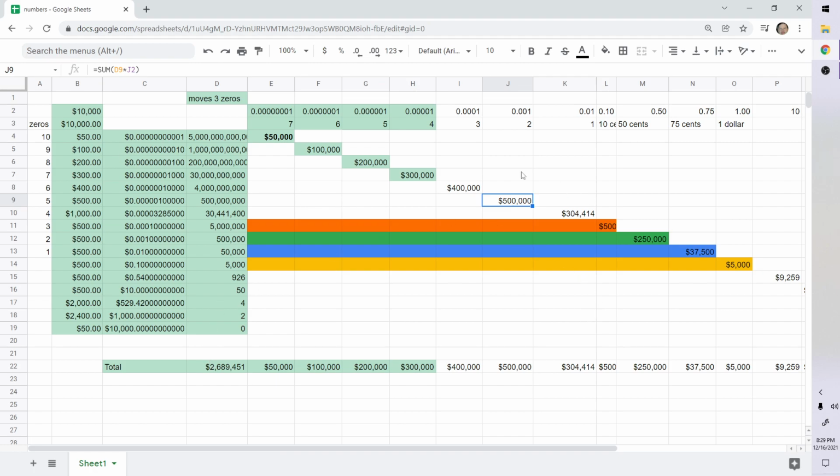So if everything went well in this regard, I'd have $2,689,451 if I spent one time of $10,000 on crypto. That's assuming I read the tea leaves or something, right? Had like this magical vision or something, but nobody knows, right?